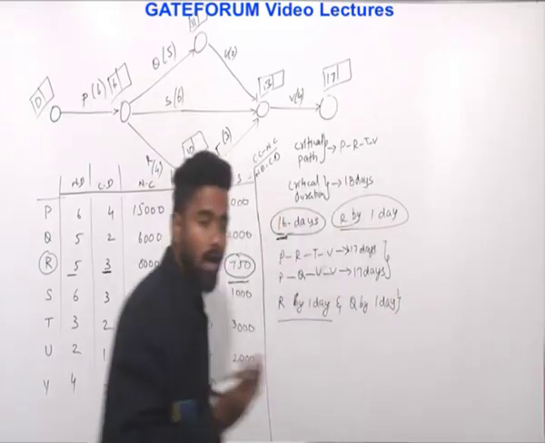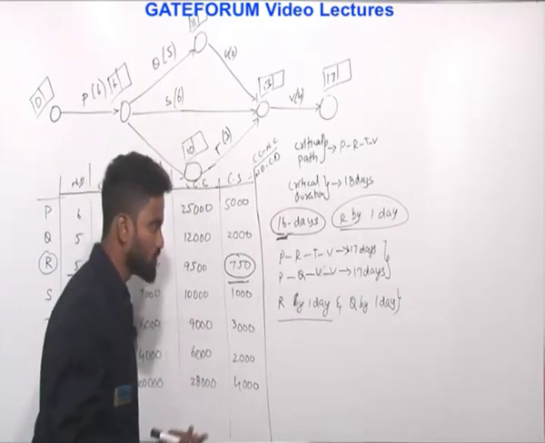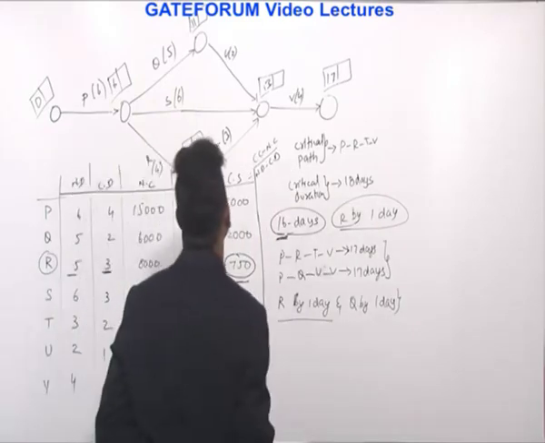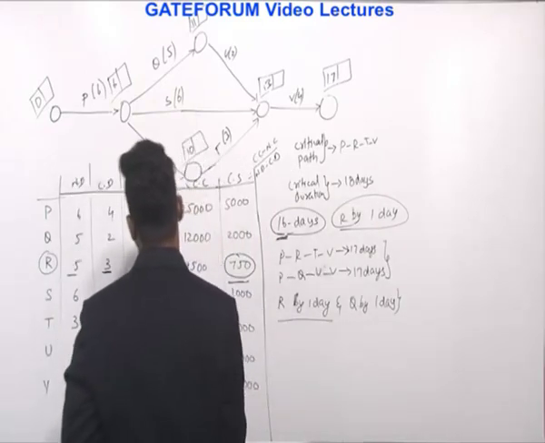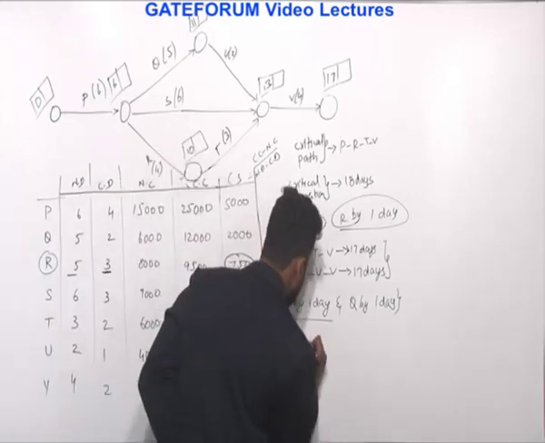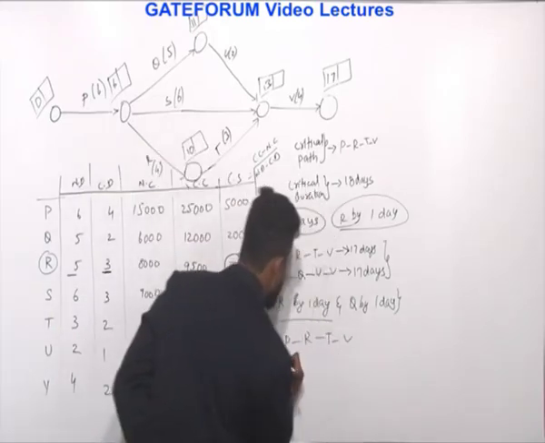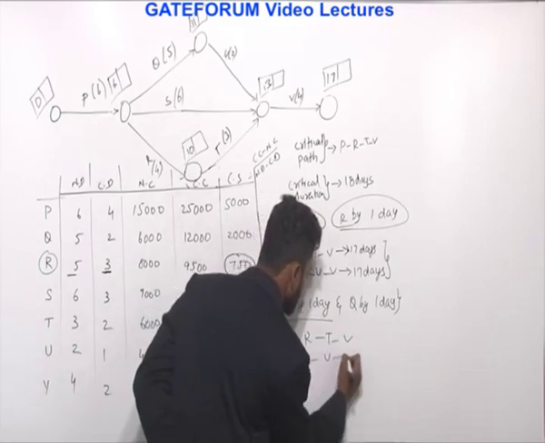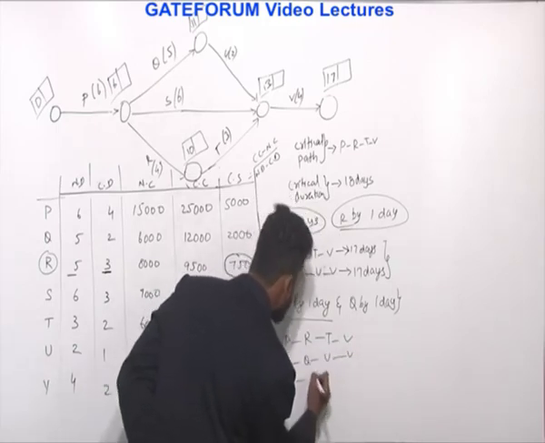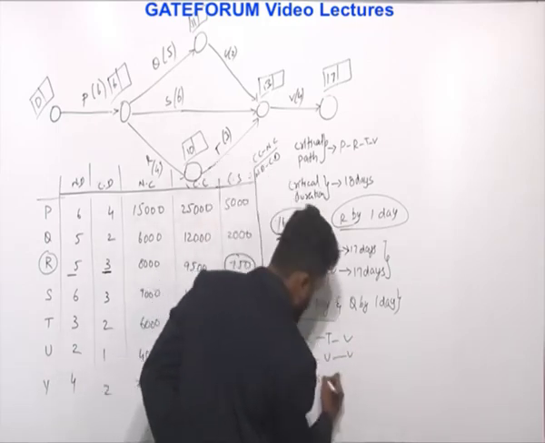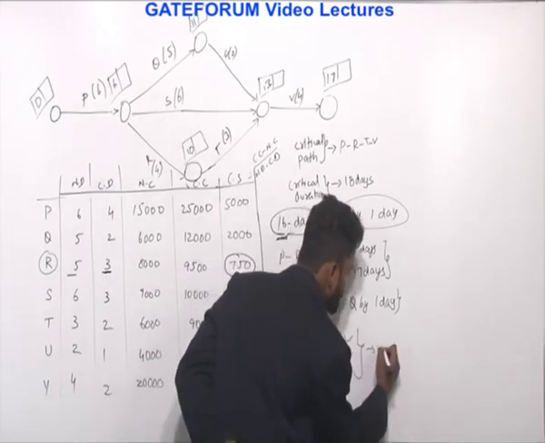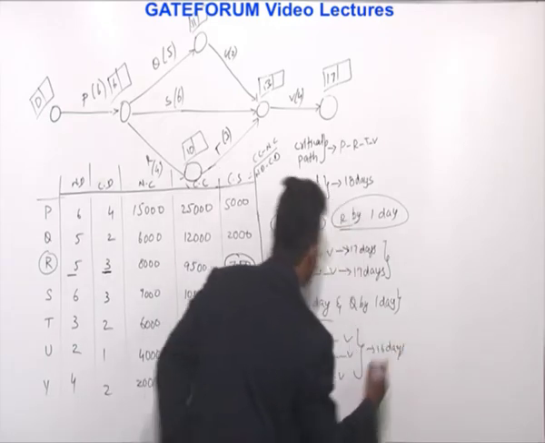If I crash R by 1 day and Q by 1 day, then finally what happens? The critical paths would be PRTV, PQUV, and PSV. All of these will be completed in 16 days. Sir, why PSV?